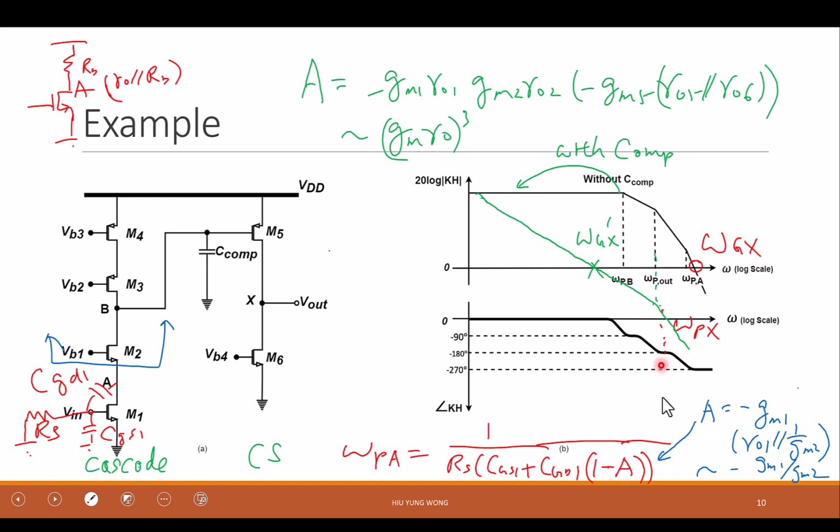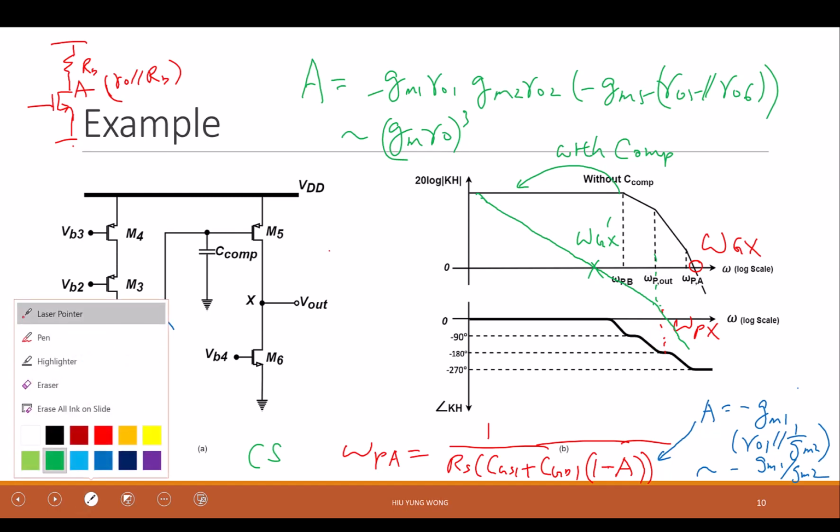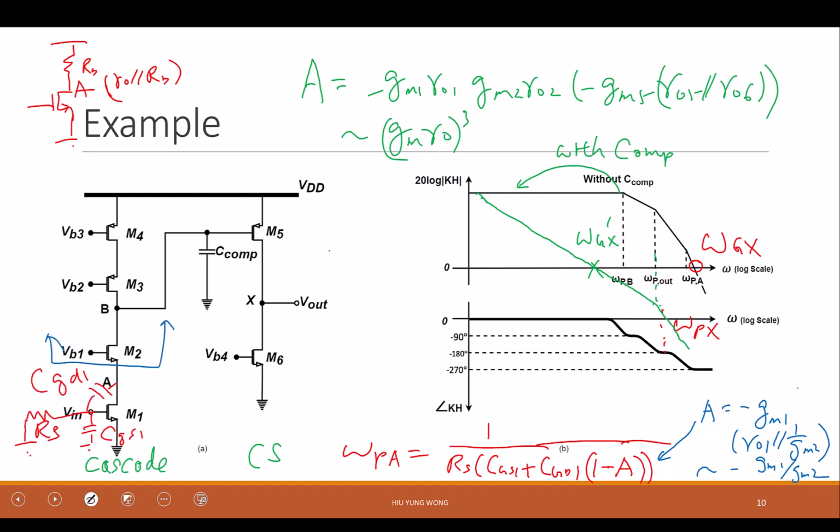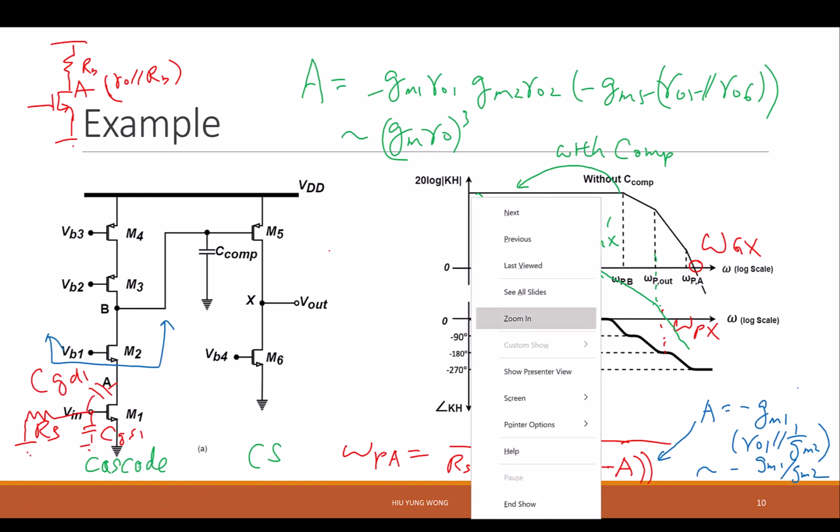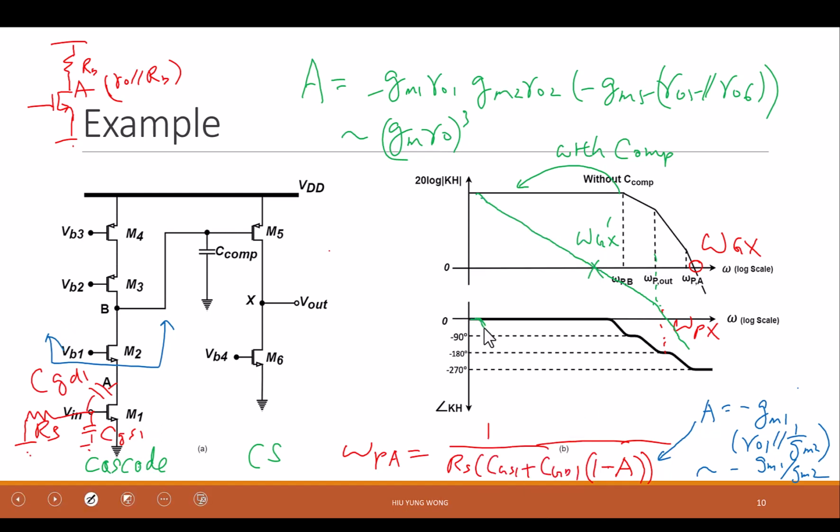Where's my phase crossover frequency? Is it still here? I need to check. When I move the pole to here, it means that I will start dropping from here. Correct? Because this is the first pole. And then am I still dropping if I keep going?